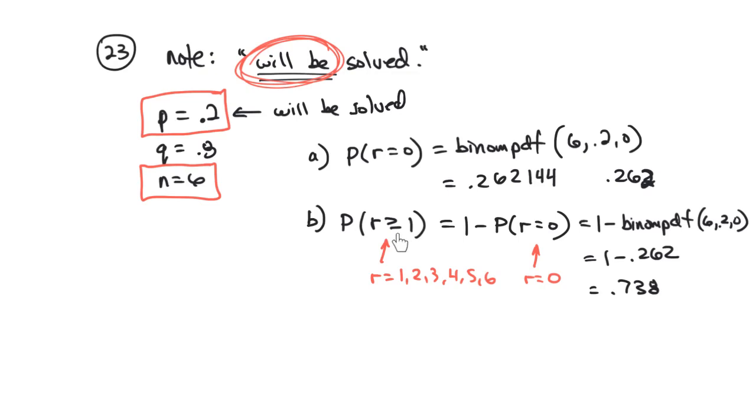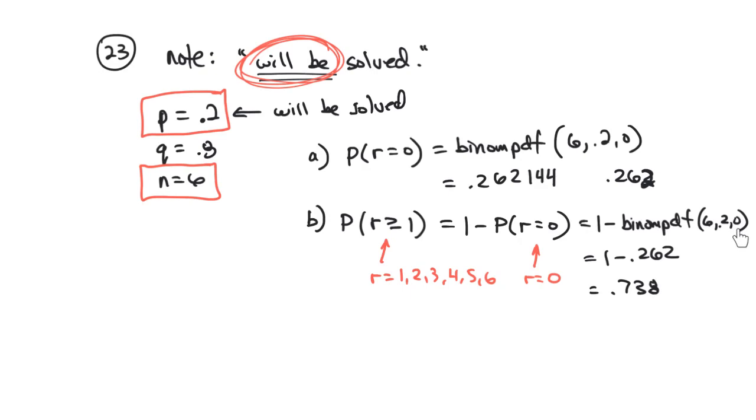Okay, so hopefully you guys are okay with this. Whenever there's a greater than symbol here, and we're using a binomial distribution, we have to go 1 minus PDF. We have to go 1 minus. I mentioned this before, but sometimes people will use CDF here, and you get the same thing.